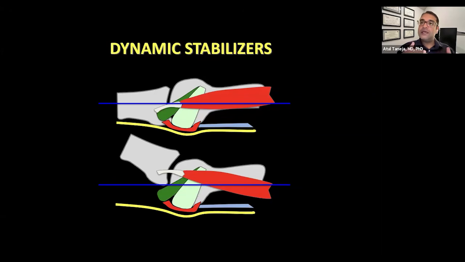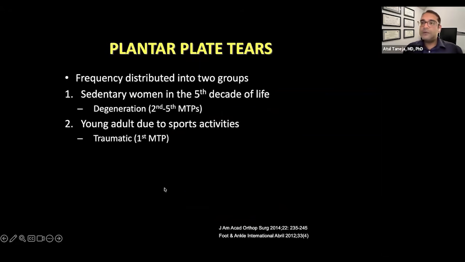The deformity goes from the acute phase to the chronic phase, as we see in the hammer toe deformity, which means the metatarsophalangeal joint is extended due to this pulling force from the interosseous tendons, while the plantar plate has lost its attachment.